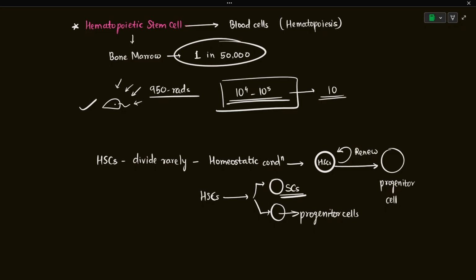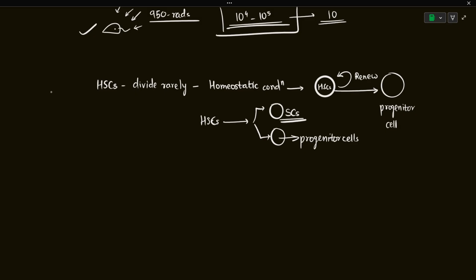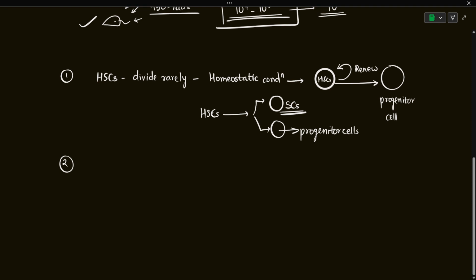progenitor cell. Okay, but when the individual is in some stress condition, let's say it has been exposed to infection, or it is undergoing chemotherapy, right? In chemotherapy, when the cells are being killed, there's a demand for hematopoiesis. Or even in infection, the individual needs hematopoiesis.